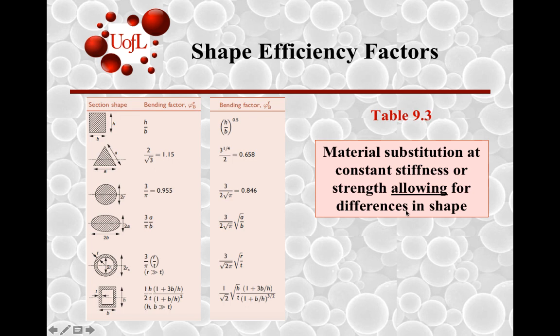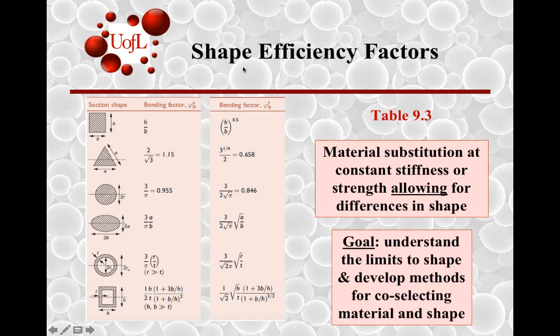So that is one type of an approach that is afforded by these shape efficiency factors. And the goal is to understand the limits to shape and develop methods for co-selecting material and shape. How do we use this information would be the ultimate goal. For this class, let's look at how we arrive at these shape efficiency factors for these common shapes.